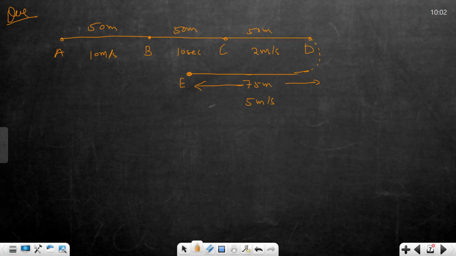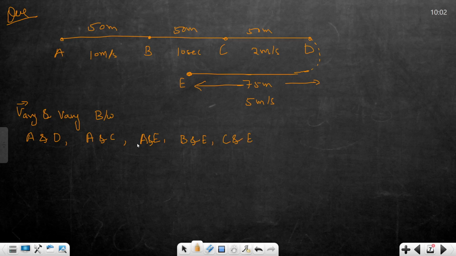Question is asking about following calculation. Find average velocity and average speed between A and D, A and C, A and E, B and E, C and E. Clear?